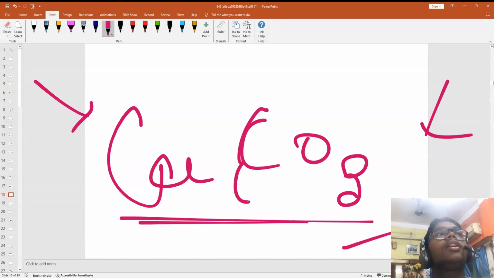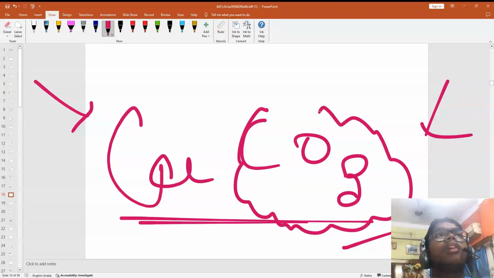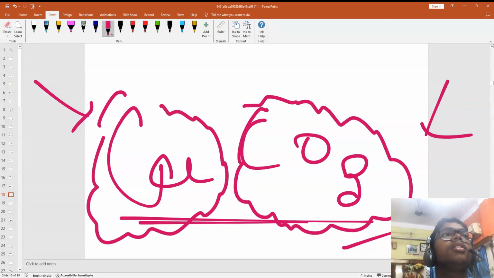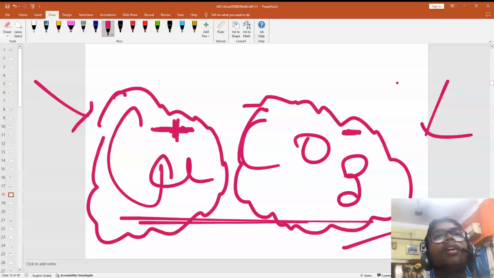Now this one is what? One molecule, can you understand this? And this one is one element. So this calcium is linked together, and this one and this are together linked. This is positive, this is negative.